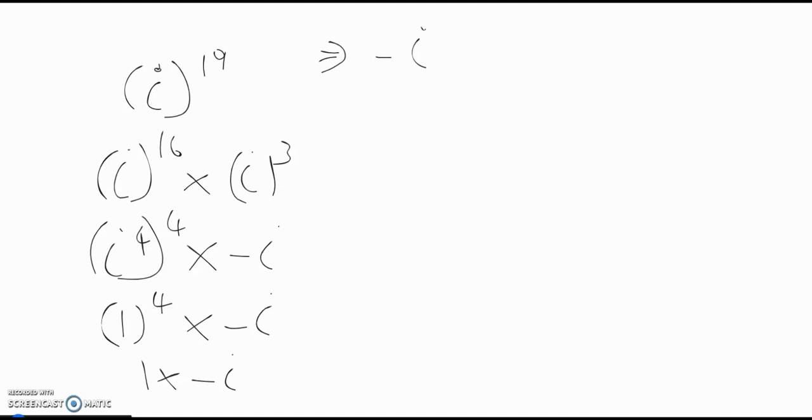And that's my answer. So we can practically take any power and break it down. The only tools we need are that i squared equals -1, i cubed equals -i, and i to the 4 equals 1.